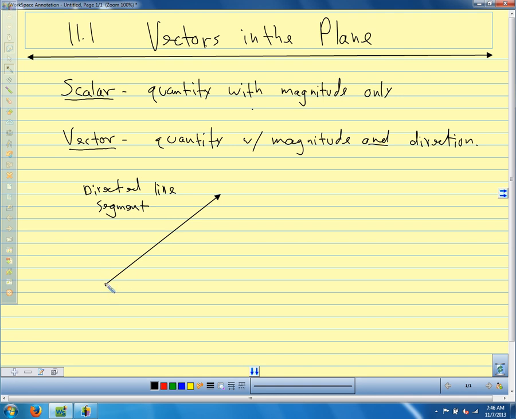We call the point here where our vector starts, point A, our initial point, just so when you see all this stuff, you know what we're talking about. And out here, point B is the terminal point.